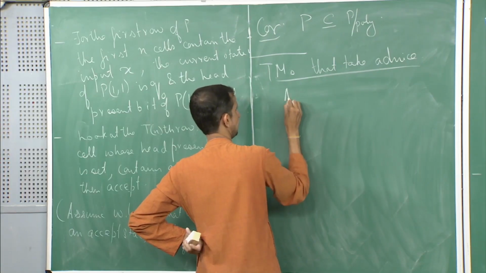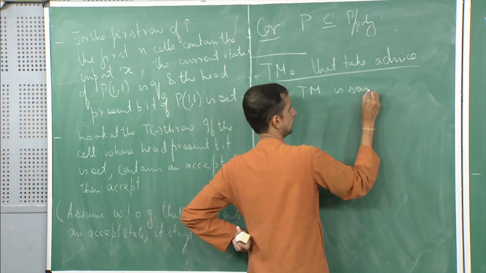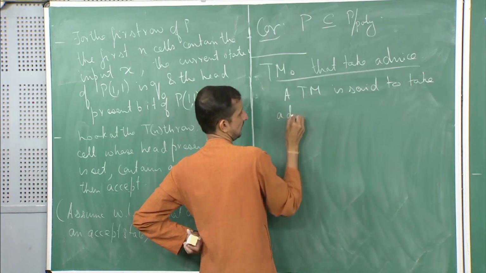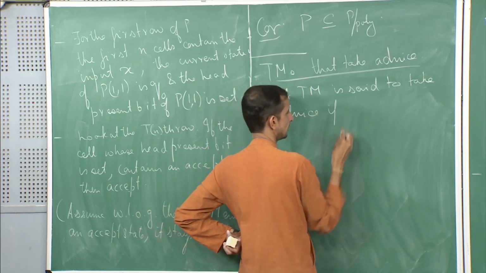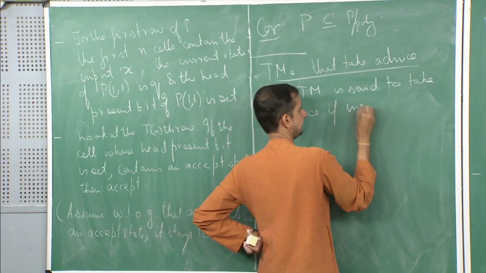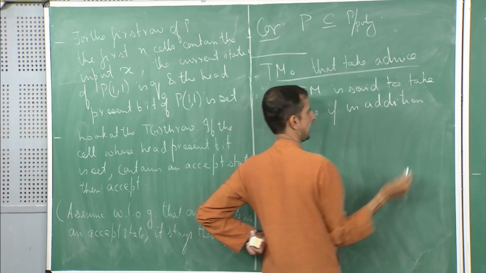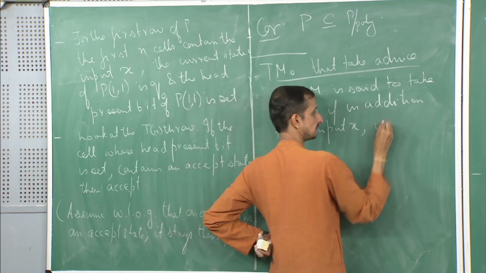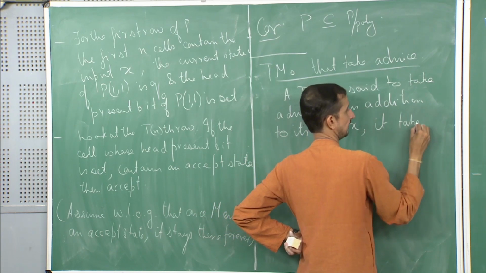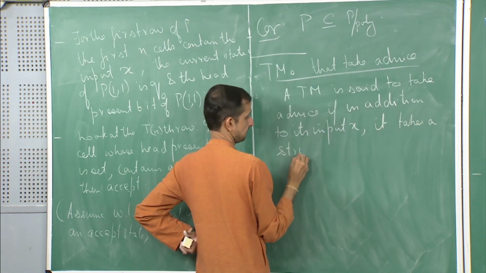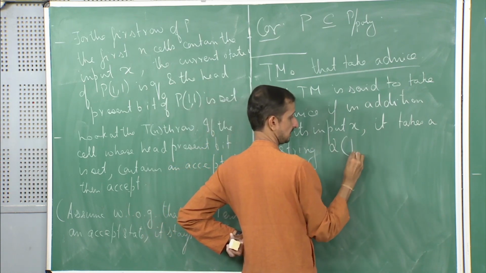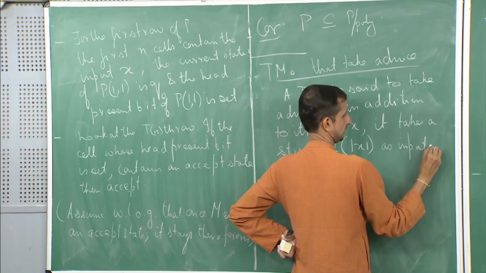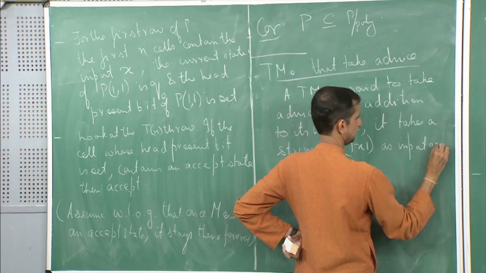So, a Turing machine is said to take advice if, in addition to its input x, it takes a string alpha of x as input as well.